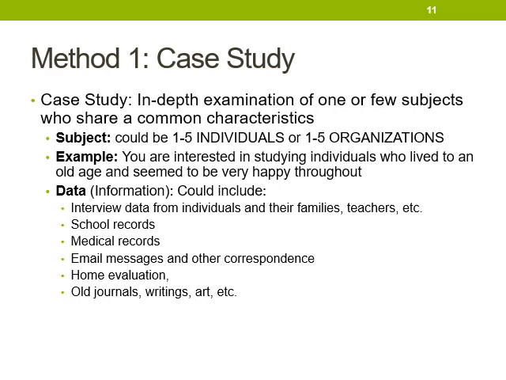And so what kind of data are we gathering? Well, remember, data is just information. And it could include interview data. We might interview them. We might interview their families and teachers. We might take a look at their school records or their medical records. Maybe there's something in their schooling or health that we could detect. We might look at email messages or letters or other kinds of correspondence.